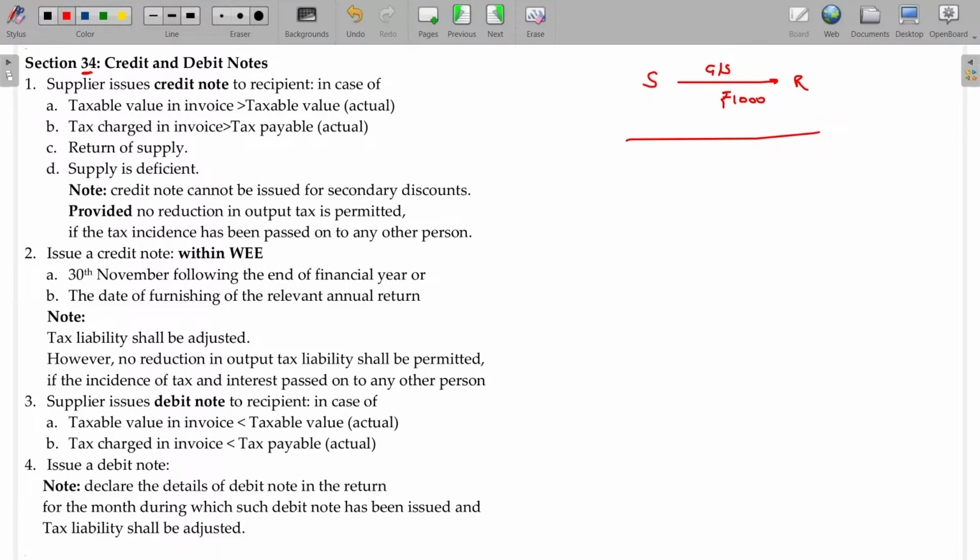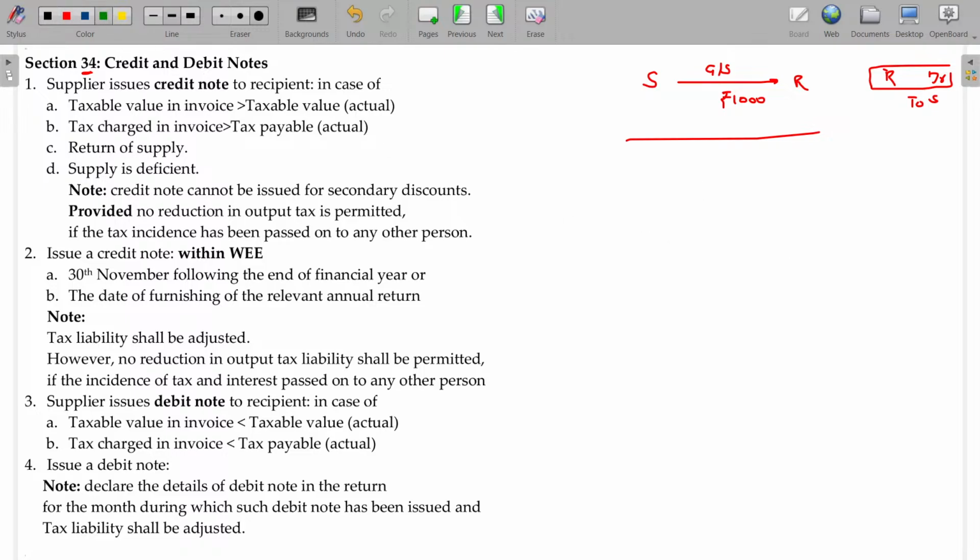In this case, in the supplier's books, R is going to be debited, so R account debit to sales. As per this concept, R, being the recipient, is the debtor.